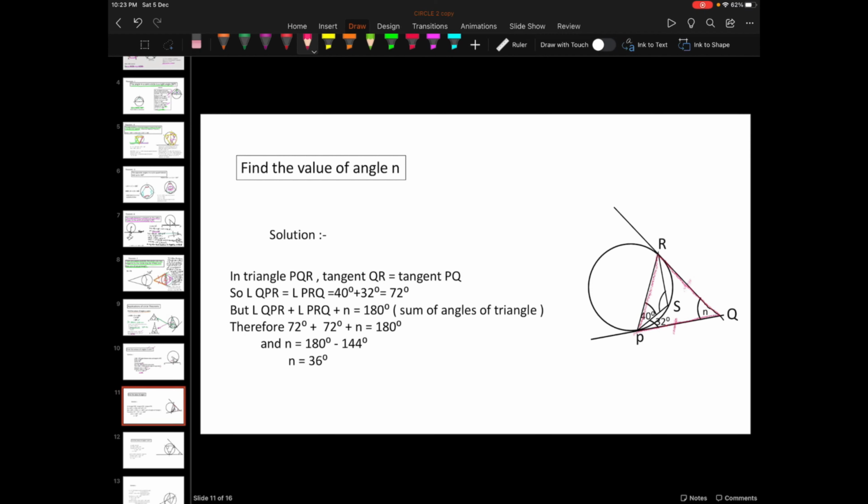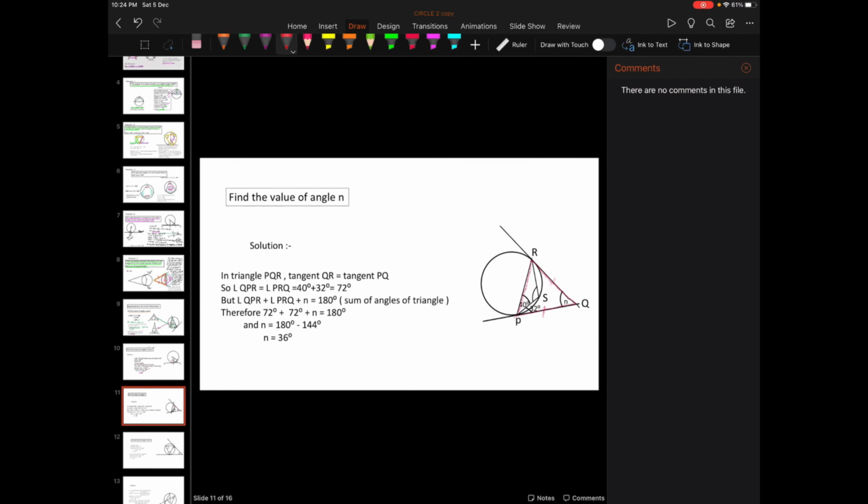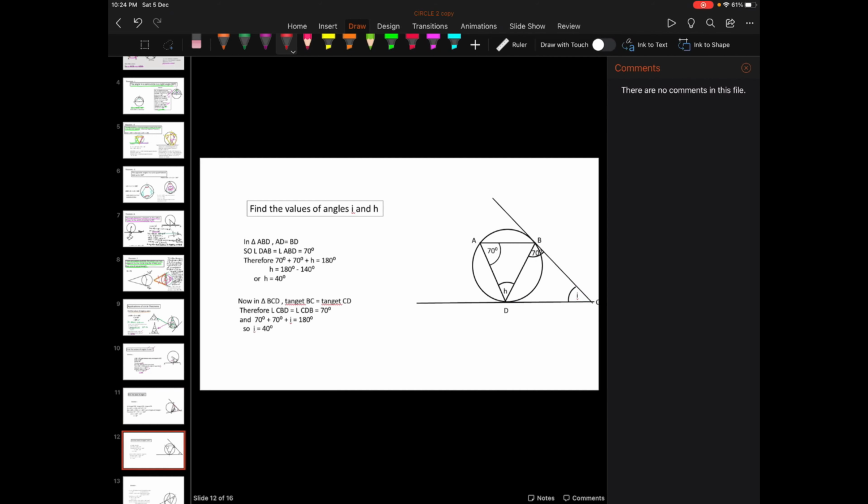I have already discussed in circle theorems. So angle QPR is equal to angle PRQ is equal to 40 degree plus 32 degree, which is equal to 72 degree.